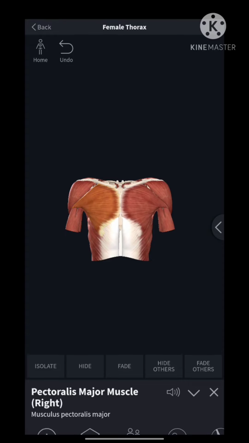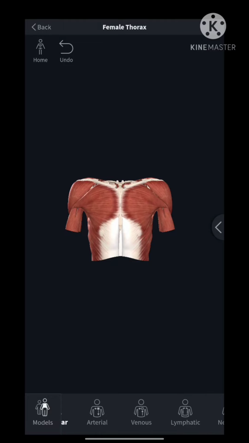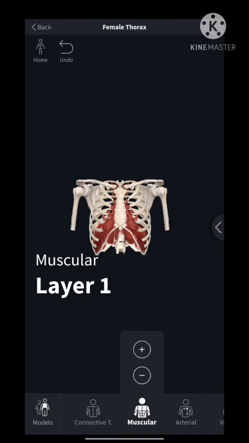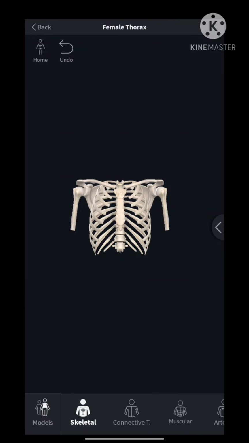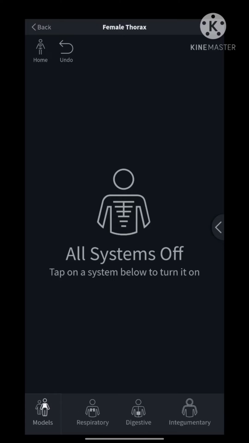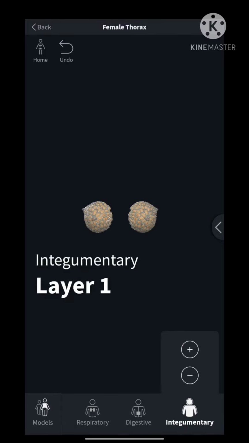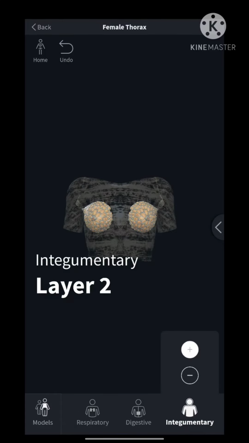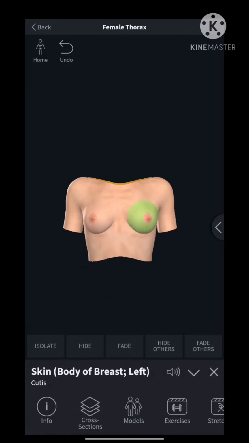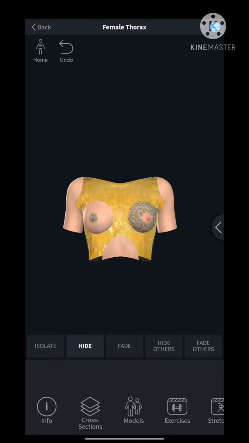So now let me remove all the muscular layers and even the skeletal system, because this is not the concern right now. Let us now focus only on the mammary glands. So let me remove the skinny layer of the mammary gland. I have removed all the skinny layers present over here.